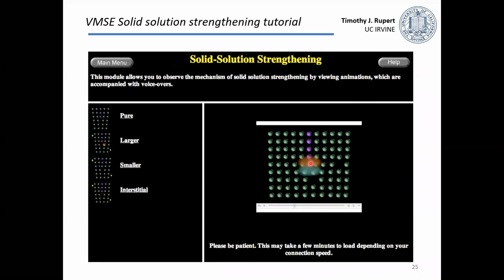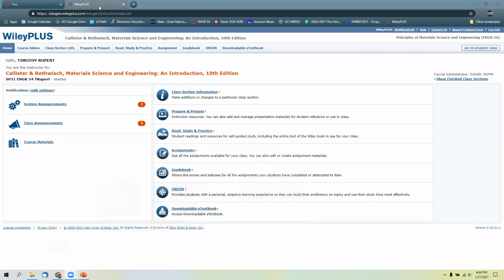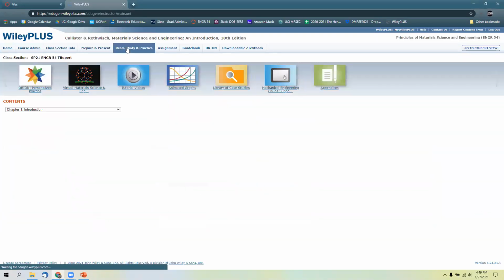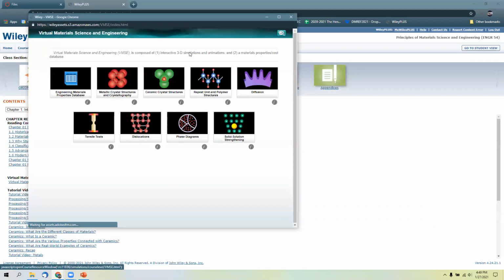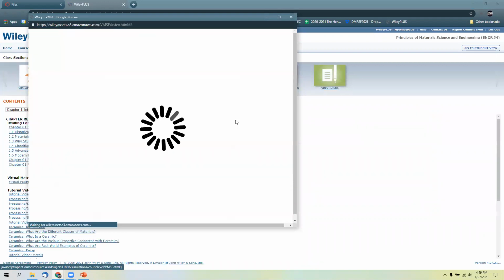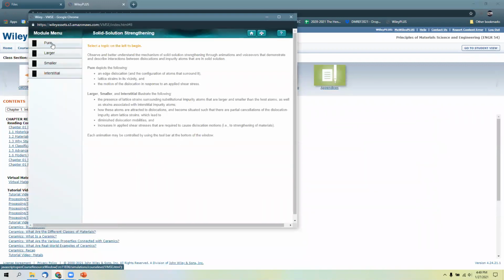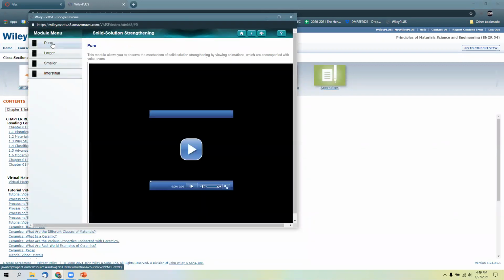We can see this effect with our virtual material science and engineering tool. So let me exit out of my slides real quick and go to that. Again, read, study, practice, MSE. You can look at dislocations. We already did that. We're going to look at what happens when we have solid solution strengthening. We can see things like videos.